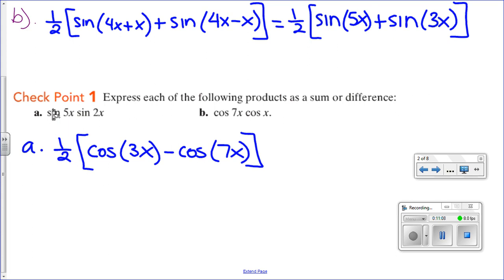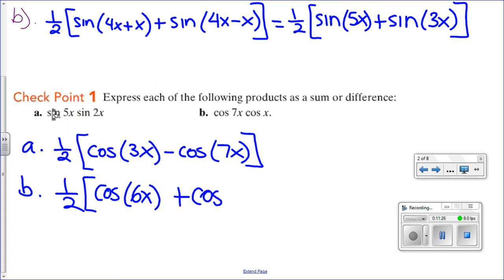I agree. Okay. All right. Part B. Any volunteer? Okay, Jennifer? 1/2 cosine 6x plus cosine 8x. Do you second that? Yes, aye. Okay. Very good, guys.